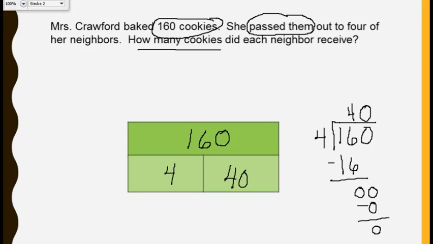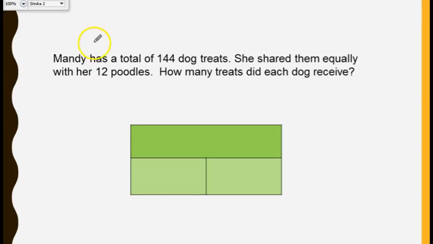All right, let's look at one more. It says Mandy has a total of 144 dog treats. She shared them equally with her 12 poodles. How many treats did each dog receive? Okay, so this is very similar to the last one. We know how many total she has, 144.